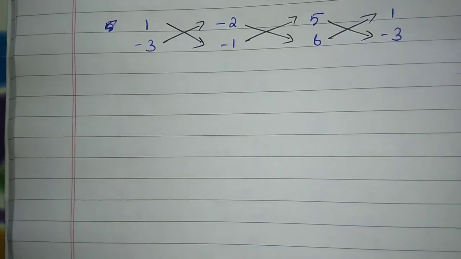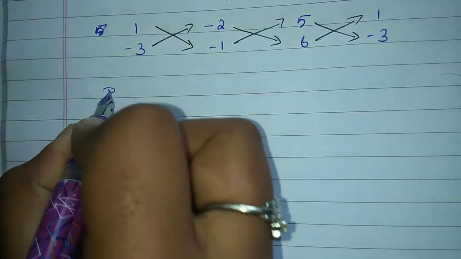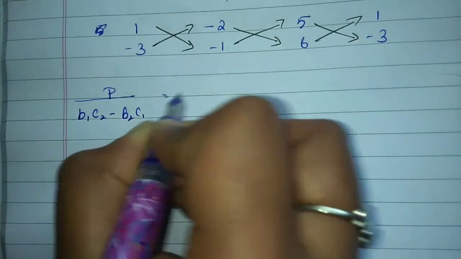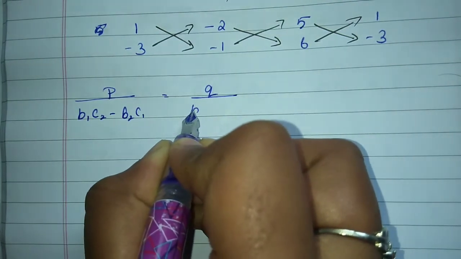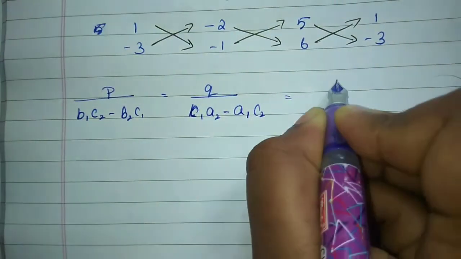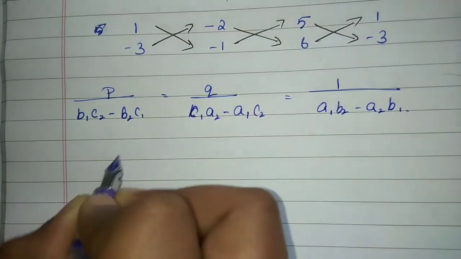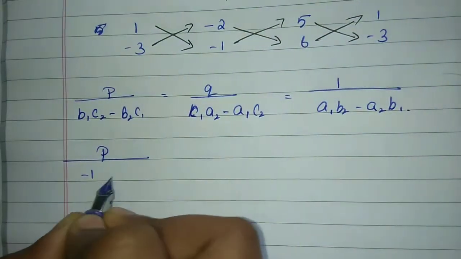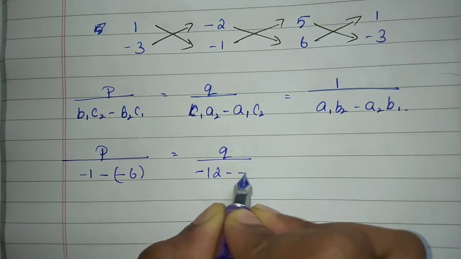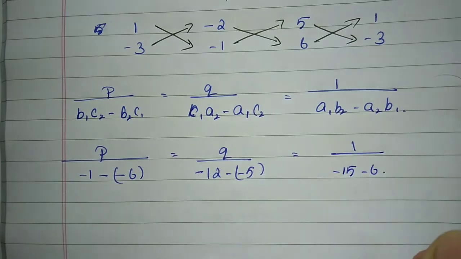So now since the two variables which we are using is p and q, let us write the formula as p by b1 c2 minus b2 c1 is equal to q by c1 a2 minus a1 c2 is equal to 1 by a1 b2 minus a2 b1. So p by minus 1 minus of minus 6 is equal to q by minus 12 minus of minus 5 is equal to 1 by minus 15 minus 6.